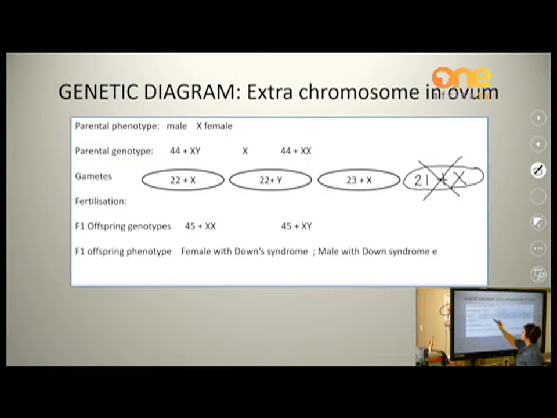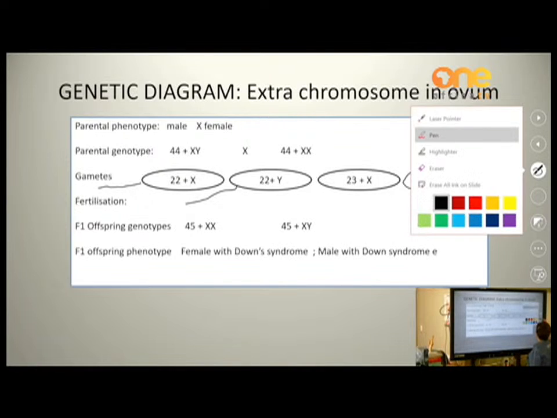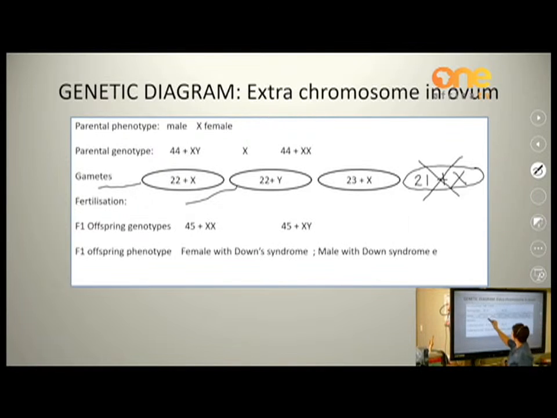So if this is now a normal X chromosome, X sperm, and this is the other sperm with the Y. If we now have fertilization and this chromosome fertilizes the 23, now we have 24.